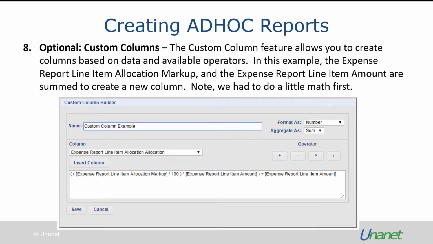So for example, I'm running this report on people who have an expense report, right? And maybe some of those expense reports have a markup on them. So markups in Unanet, when we enter that on the expense type, we're creating a new expense type as a systems admin.